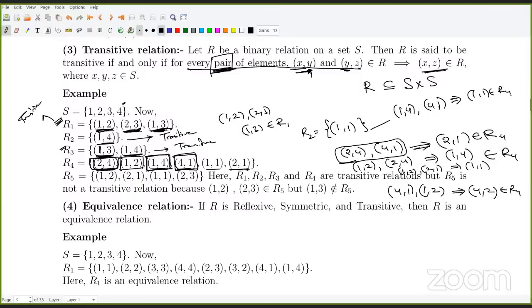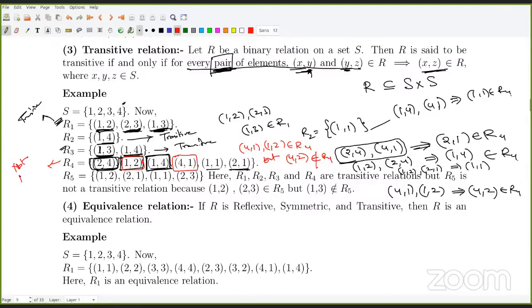No. So I got a pair 4 comma 1, 1 comma 2 belonging to R4, but 4 comma 2 does not belong to R4. Therefore here we will stop and conclude that R4 is not transitive.